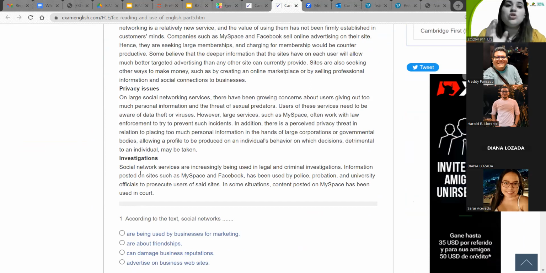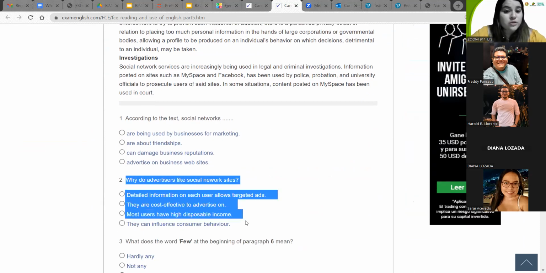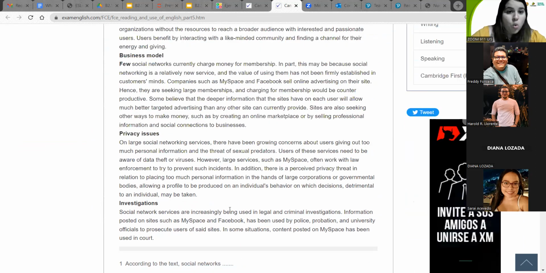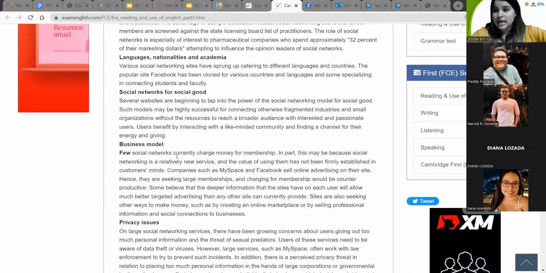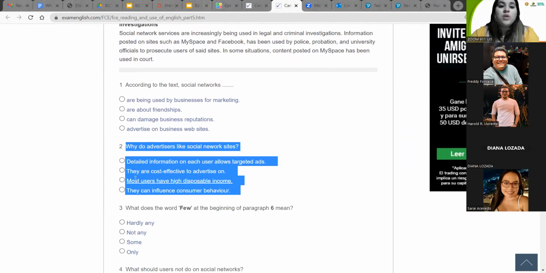So in exams, usually the questions follow the same order as the paragraphs. The answer to question number 2 should be somewhere after the answer to question number 1. So it could be in paragraph number 2 or paragraph number 3, and so on.